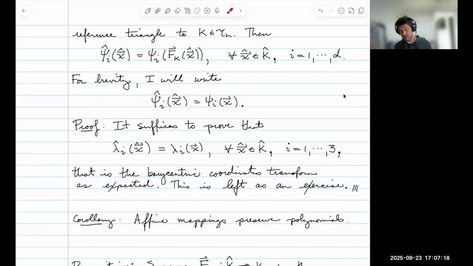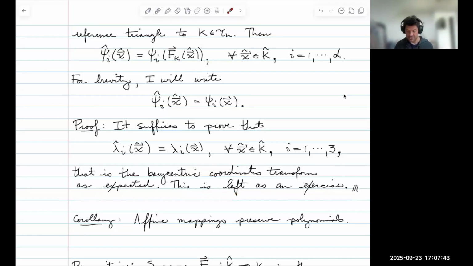But there are only 3 of those, so that's a lot easier to show. So I want to show that basically the barycentric coordinate psi_i corresponds to the barycentric coordinate psi_i hat on the reference triangle. And if I can show that, then this transformation is going to be true. So I'm going to leave that as a homework exercise.